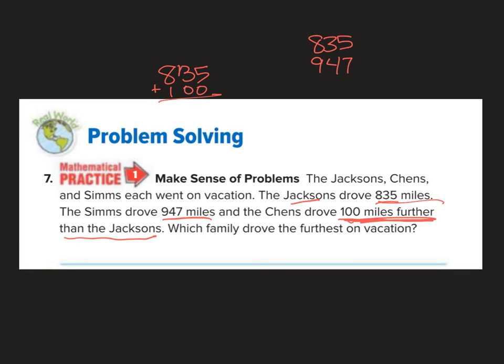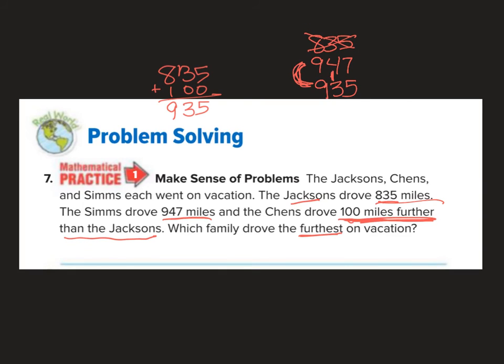Which means the hundreds place is just going to go up to 9 and the other stays the same. They drove 935 miles. Which family drove the furthest on vacation? So we know 835 is definitely the smallest. So now if we're comparing 947 to 935, they both are 900.